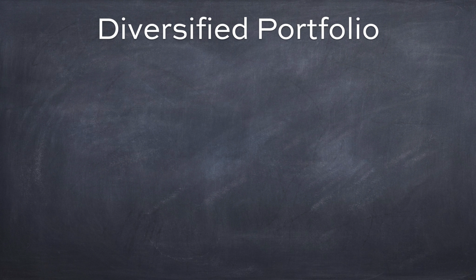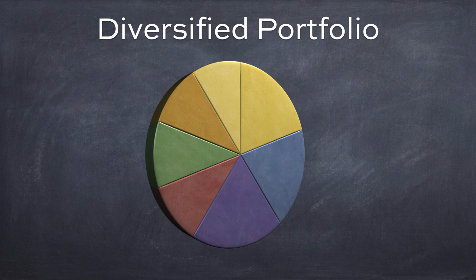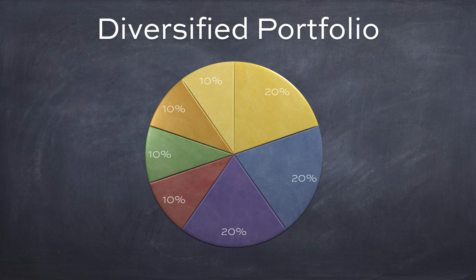So here's an example of something called a diversified portfolio. And that's the original one we were looking at, where the money and the investments are scattered around to different things. So for example, in this one, let's say you have 20% of your holdings in cash. Then you invest 20% into the S&P 500, 20% into government bonds. And then you have some more specific investments.